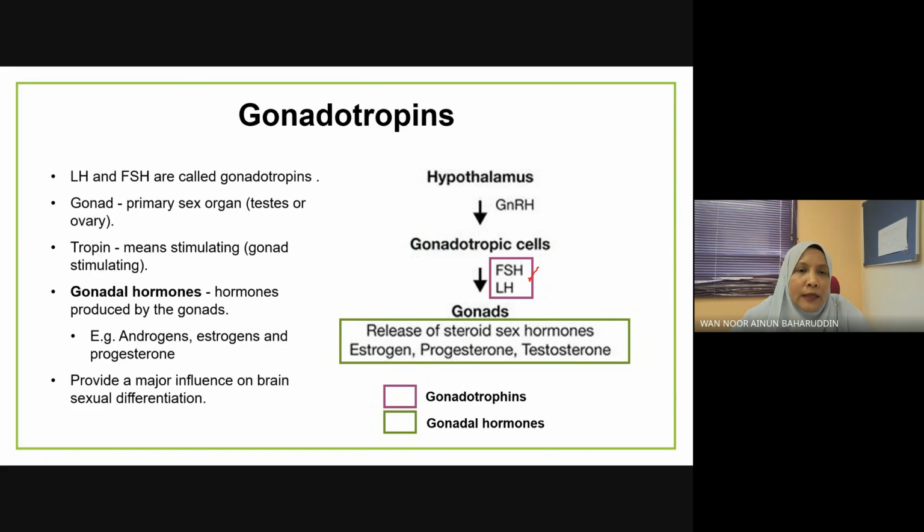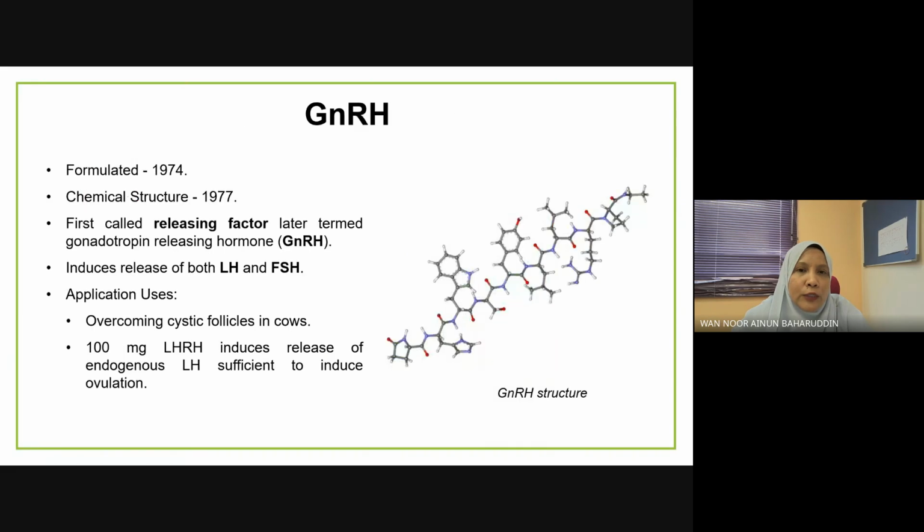FSH and LH can also be known as gonadotropin. Okay, don't confuse it with the previous one, GnRH, gonadotropin releasing hormone, which has the releasing hormone part.